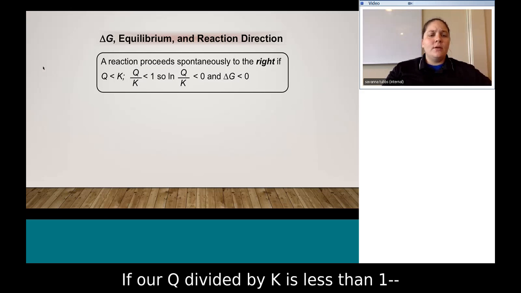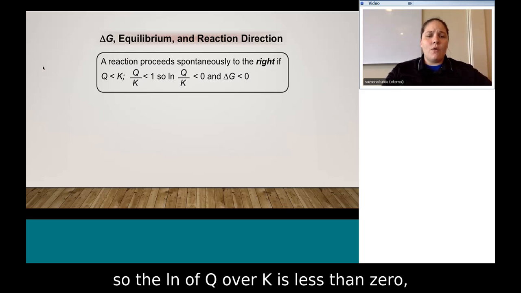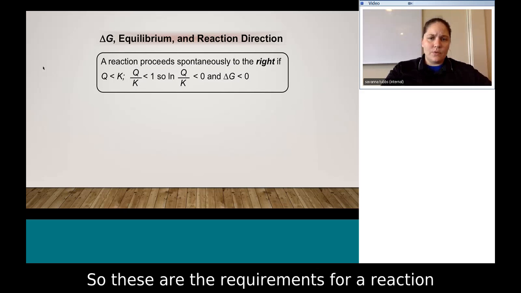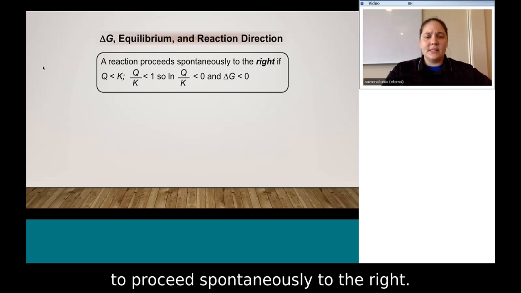If Q divided by K is less than 1, so the ln of Q over K is less than 0, and our delta G is less than 0. These are the requirements for our reaction to proceed spontaneously to the right.